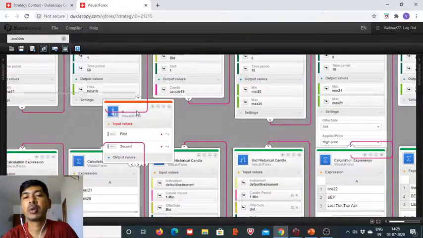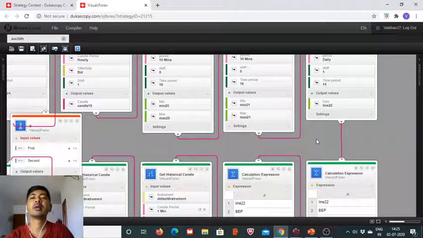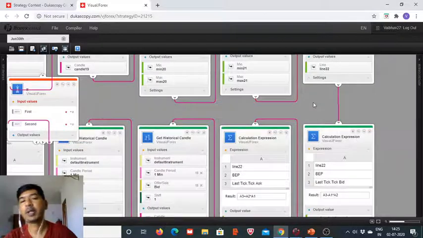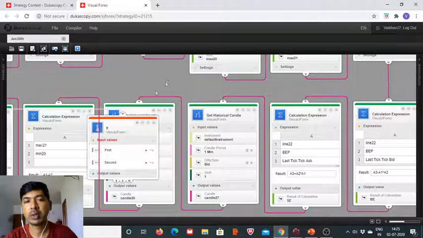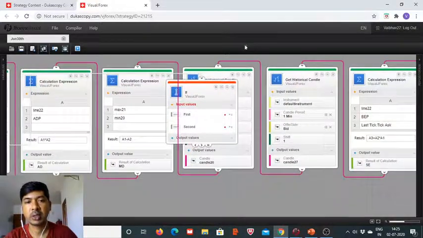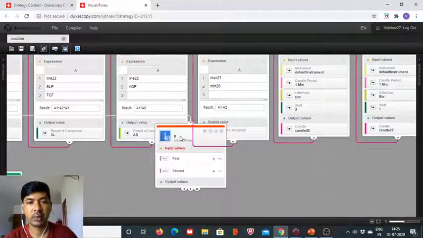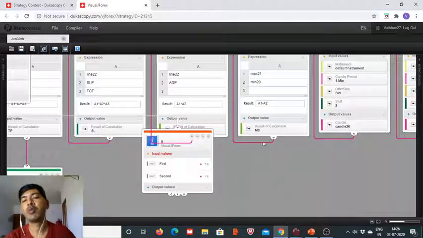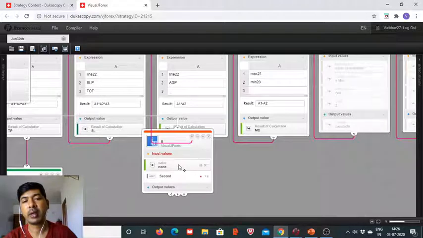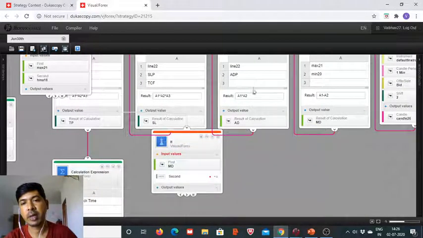and one more thing which we need to do is to look at the difference between the minima and the maxima conditions, and for that we have to take into account the calculation which we have done here, subtracting minima 20 from maxima 21, and it should be greater than the calculation we have done here.